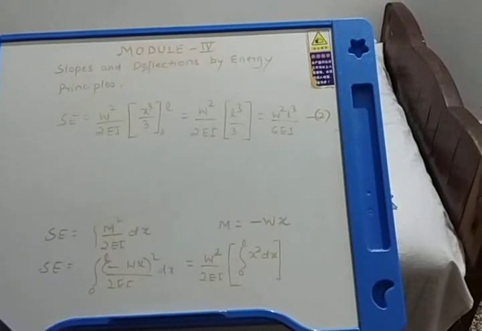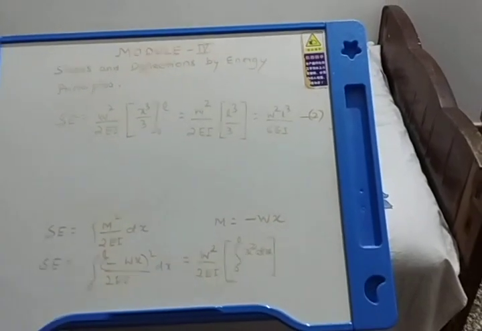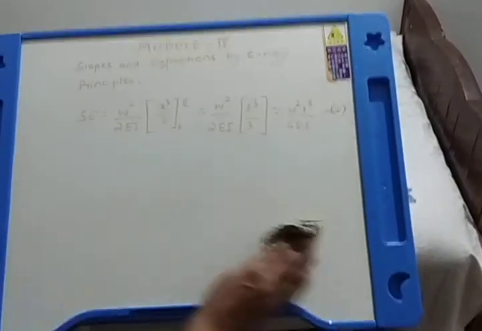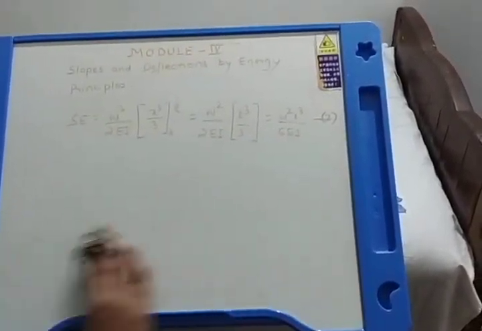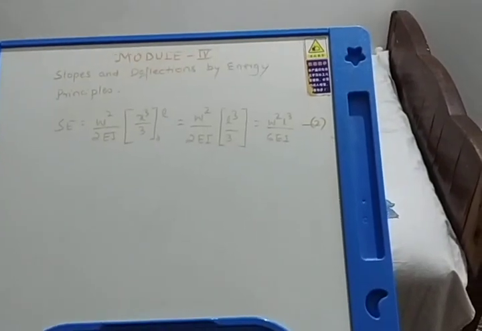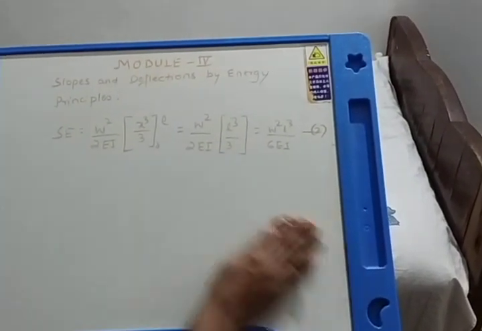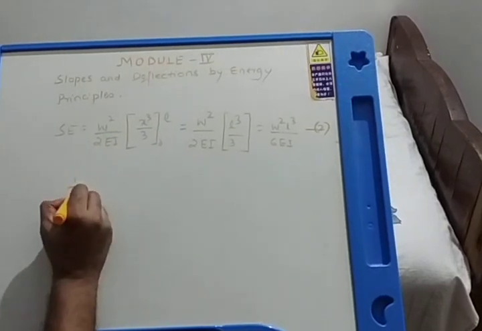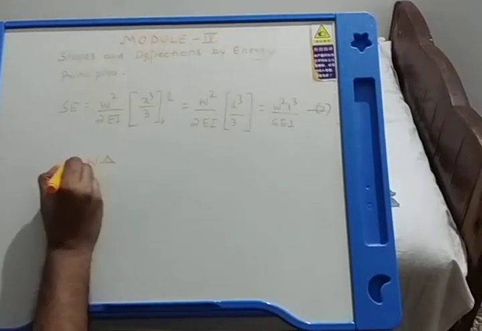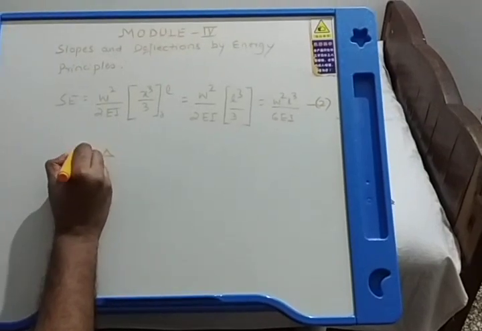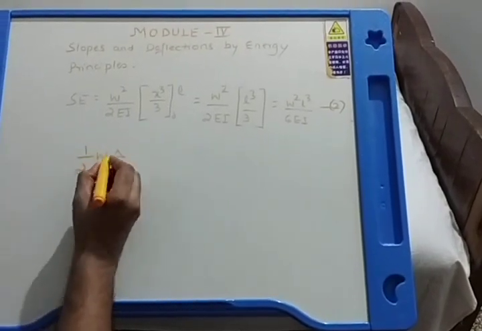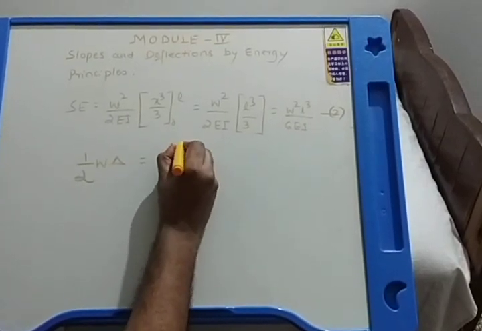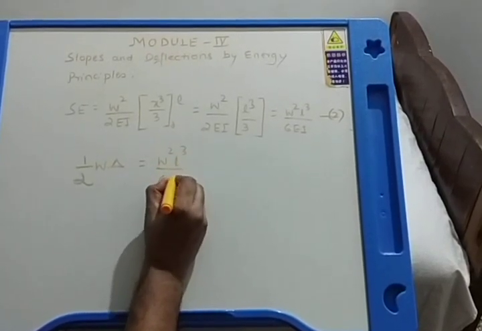So if you now equate both the equations, because this is the principle, that is, work done by the external load is equal to the total strain energy stored in the structure. So according to that principle, we are going to get half W delta, that is the first expression, that is work done by the external load, is equal to W square L cube upon 6EI.